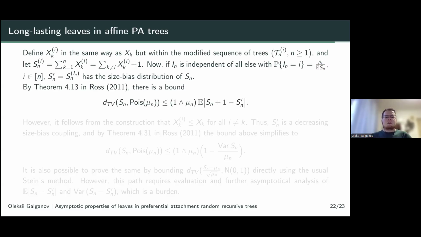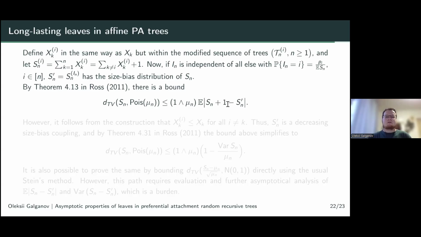So now we can use this newly defined random variable Sn prime in such an estimate for the total variation distance between Sn and the Poisson random variable.